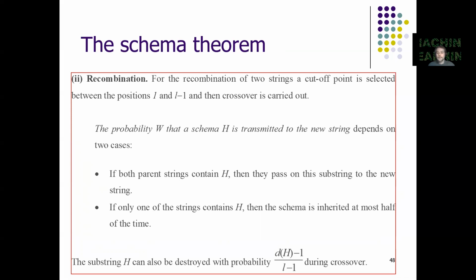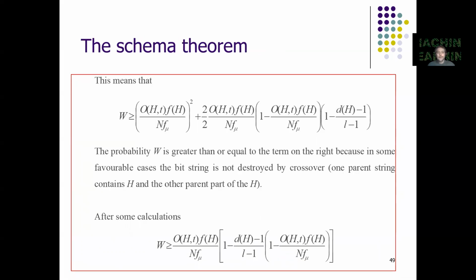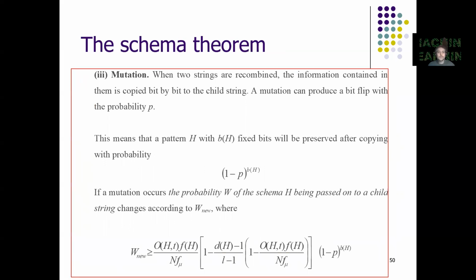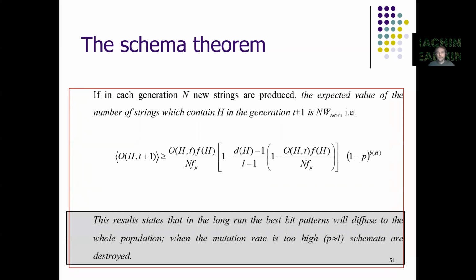It calculates the probabilities that the best bit patterns will survive, will not be destroyed by applying crossover. And he does the same thing with mutation. Again, it calculates probabilities and shows that by applying mutation to specific genes of the chromosome, we don't destroy the best chromosomes in the population.